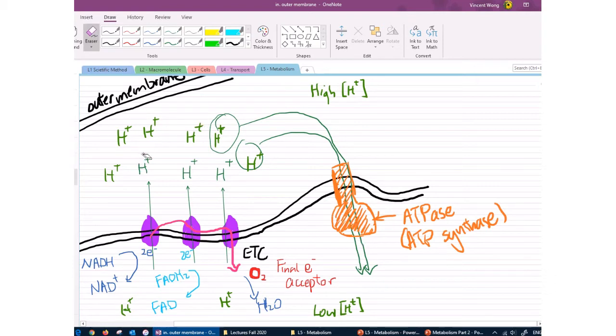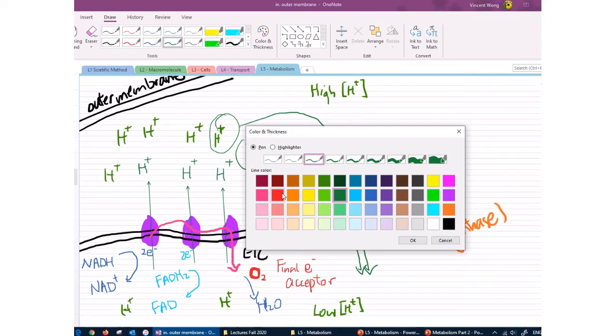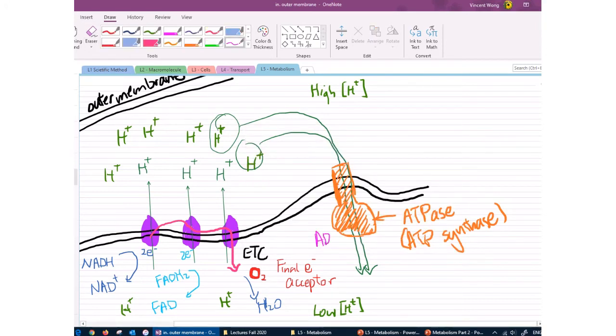So as the H plus goes down the concentration gradient, they will lose energy, and the ATPase is going to be able to take that energy and use it to create ATP. So ADP plus phosphate, and with the energy from the H plus going down, these will combine and form ATP.